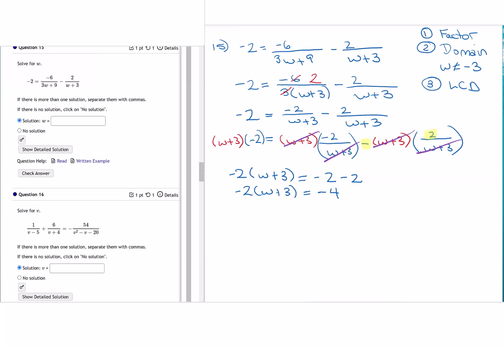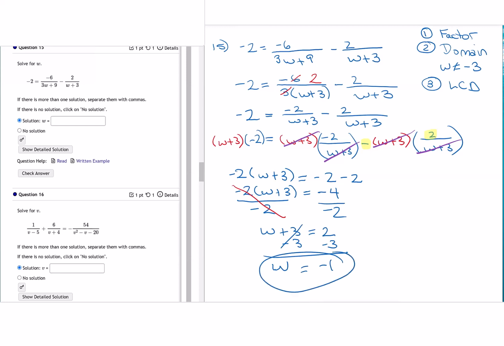I could distribute that negative 2, but honestly, the easier way is to divide both sides by negative 2, because now these are going to cancel. I end up with W plus 3 is equal to positive 2. Subtract 3 from both sides. I get W is equal to negative 1.